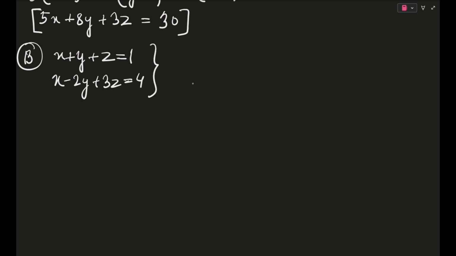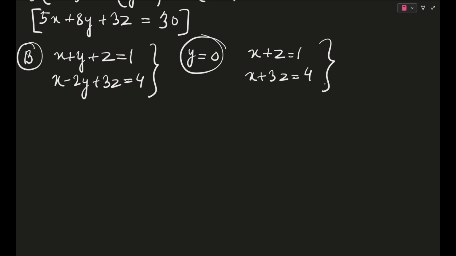If you actually solve this, it will be pretty easy. The first thing you can do is directly put y equals 0, and you will get a point. So that makes these two equations x plus z equals 1 and x plus 3z equals 4.